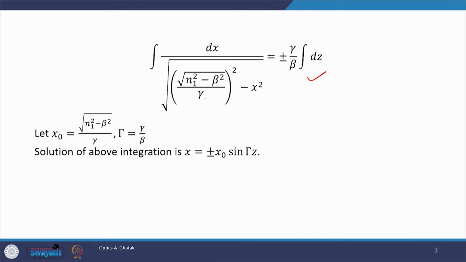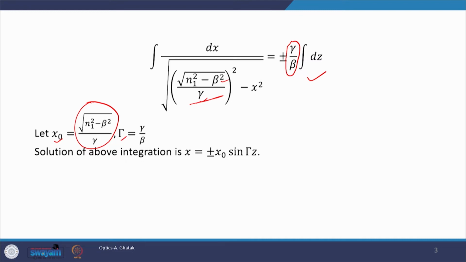Now the term in the bracket is a constant here: n1 square is constant, beta is independent of x, gamma is independent of x. Therefore, we introduce a new parameter x naught which replaces this term. Here this term gamma by beta is again a constant, therefore we replace gamma by beta by capital gamma.